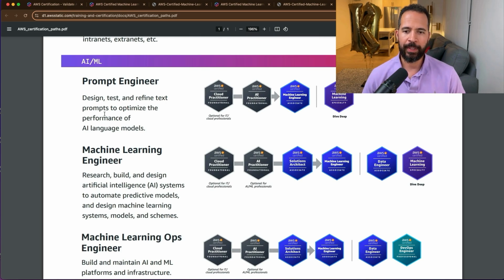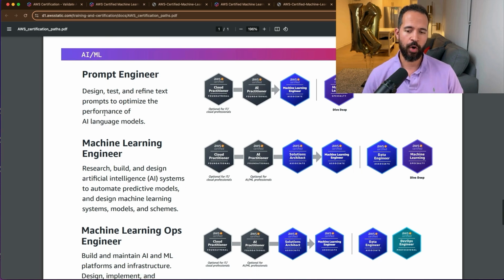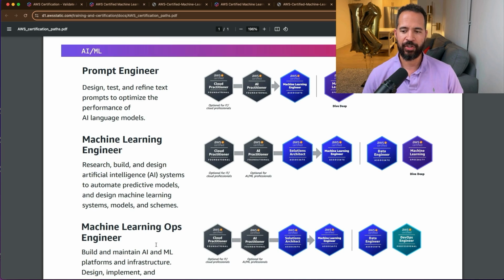So for example, let's say you want to be a prompt engineer or a machine learning engineer or a machine learning ops engineer. Notice how it does make a reference to the Machine Learning Engineer Associate. However, if you look all the way to the right under the dive deep in these roles, it also lists Machine Learning Specialty for the dive deep.